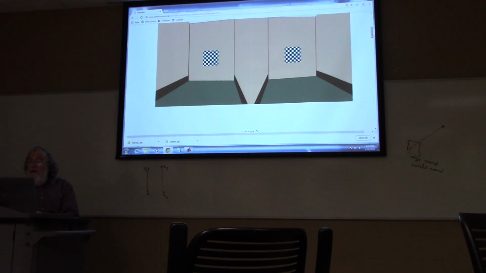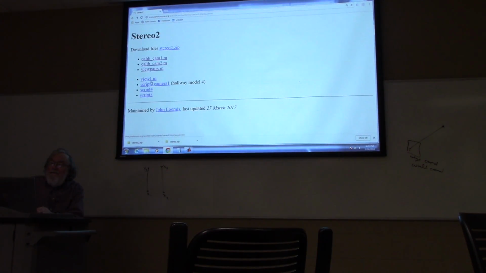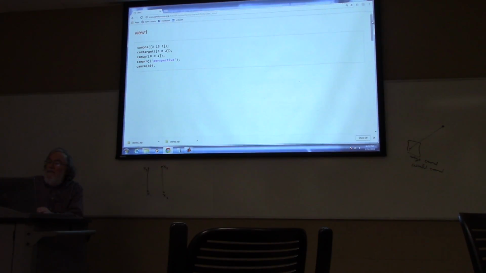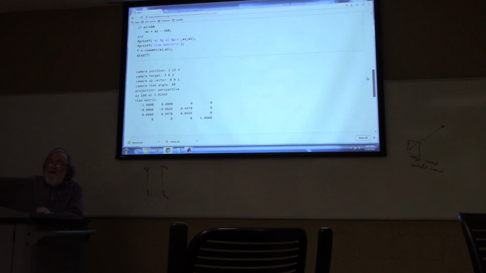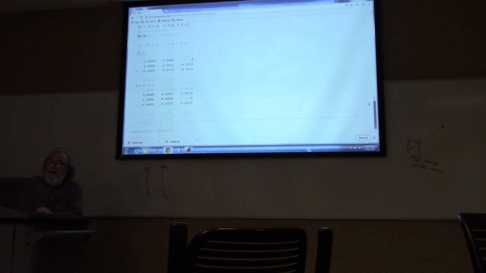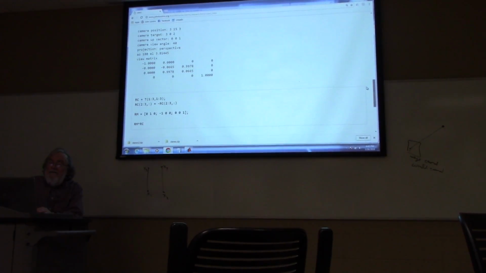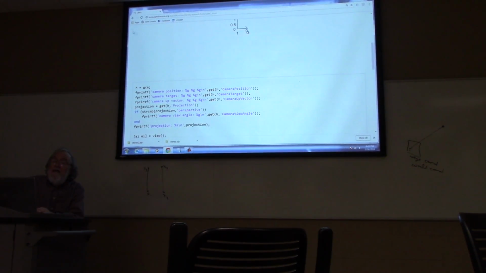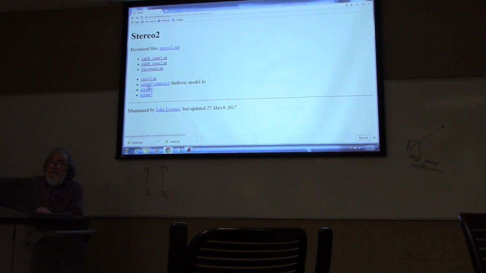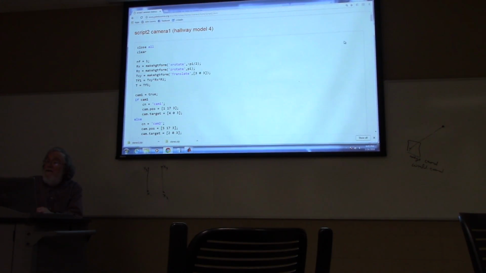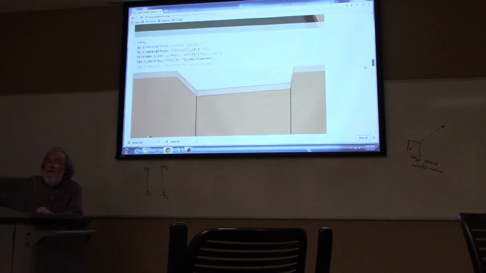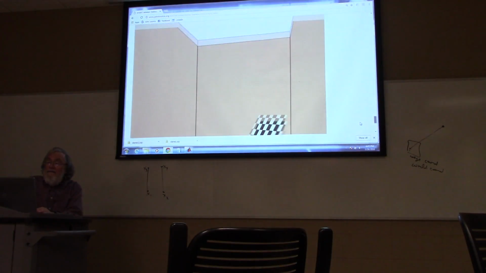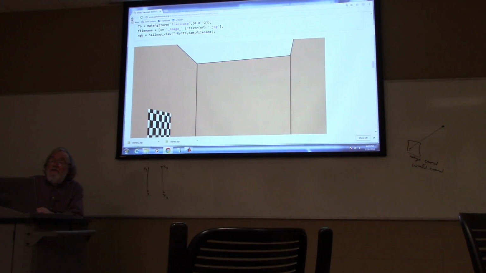One seen by one camera, the other one seen by the other camera. Not sure what that's doing. Just generating more artificial images.